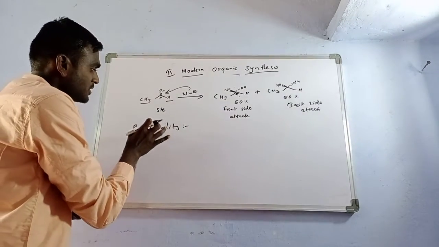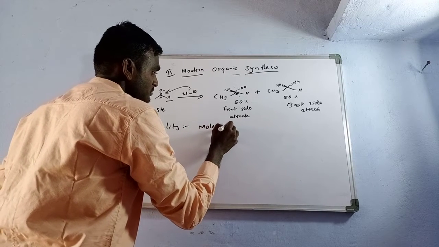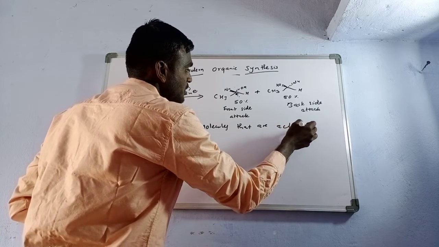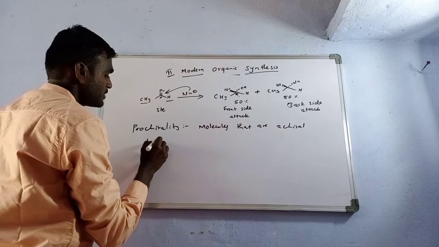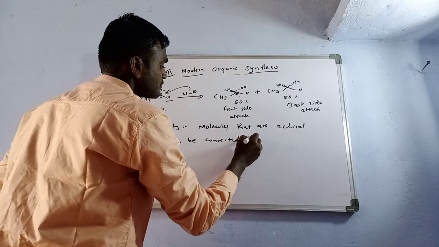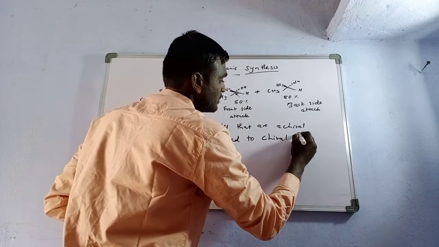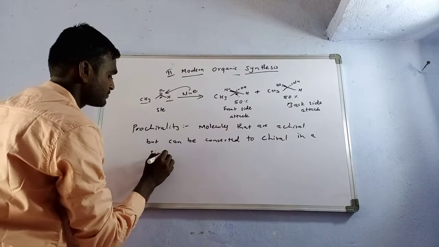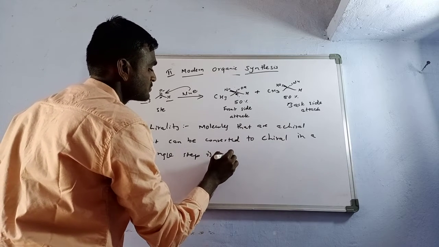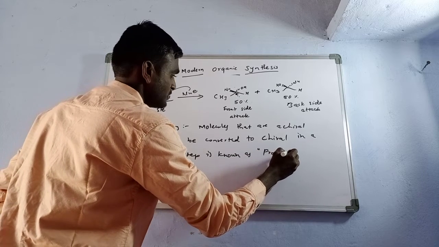Prochirality: molecules that are achiral but can be converted to a chiral molecule in a single step are known as prochiral.